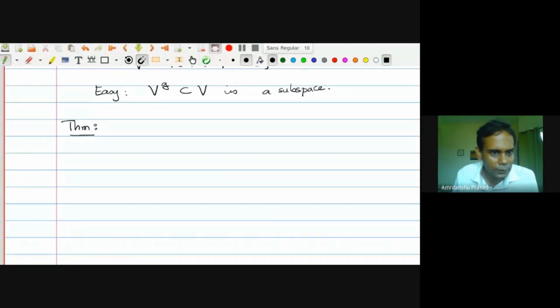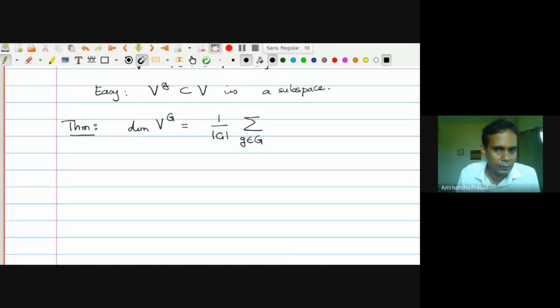I don't know whom it is due to, but it's been known for a long time that the dimension of V^G, so the vectors which are invariant under all elements of the group, is 1 over the size of G, sum over g in G, chi_rho(g).